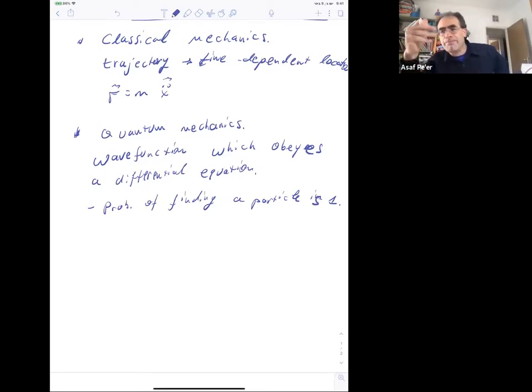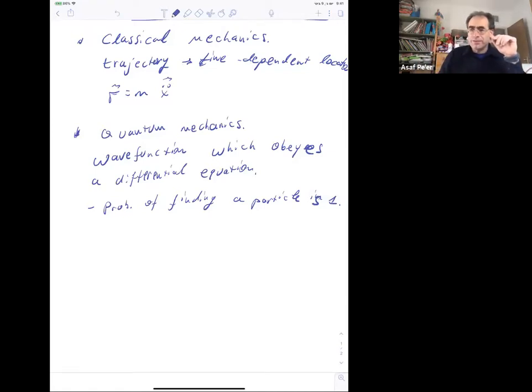And the particle nature of the wave function is only manifested when this wave function interacts with a macroscopic system, that is, the measuring device. We treat the particle as a wave function until we make a measurement. When we make a measurement, the wave function collapses, and then we say this is a discrete particle.